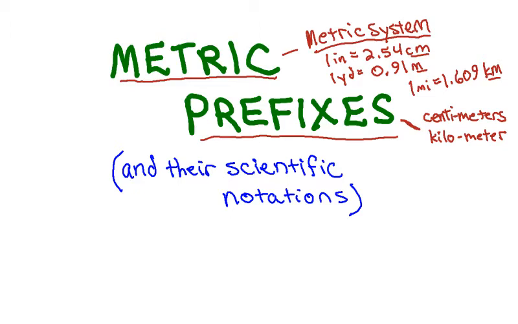So these are just the prefixes like centi and kilo, and all the different prefixes that you can put before a metric unit of measurement like meters or grams. And so that's what metric prefixes are.